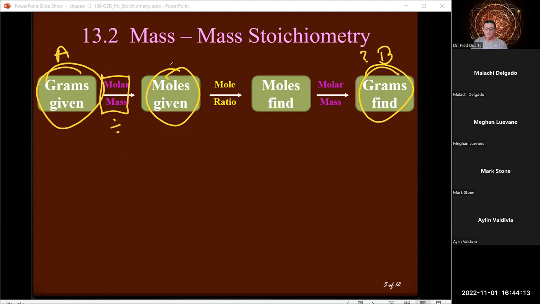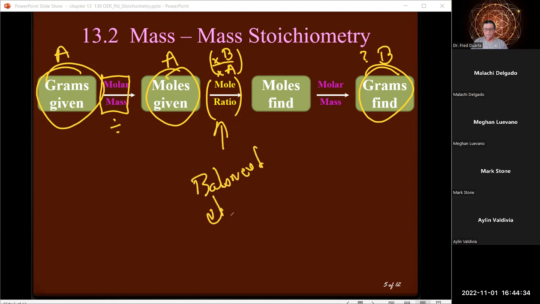That'll be the moles of A. Now, the ratio is a ratio of B over A, for example, but that ratio comes from the balanced chemical equation or reaction.